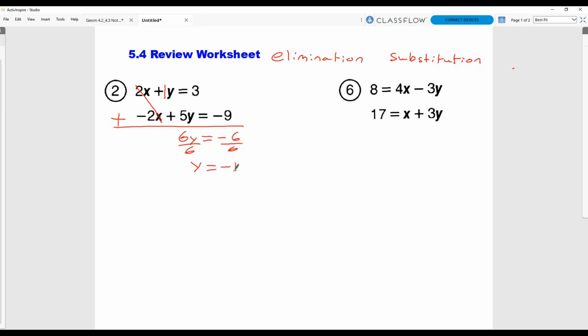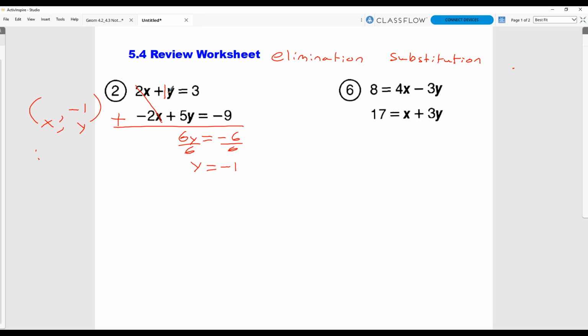Okay, so again, we're trying to find our x and our y, the two x and y numbers, where those lines would end up crossing. That's what we're trying to figure out. So we have negative 1 for y. And just like we've been doing, now you're going to take this negative 1 and you're going to plug it into either one of these equations for y to solve for x, to get your number for x.